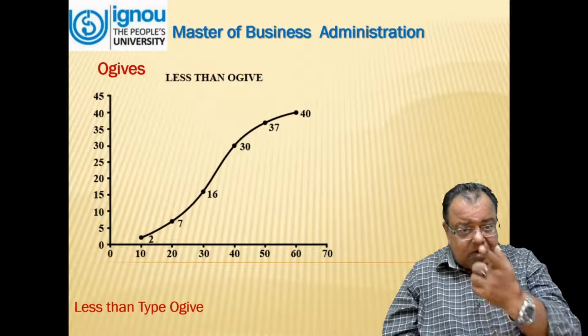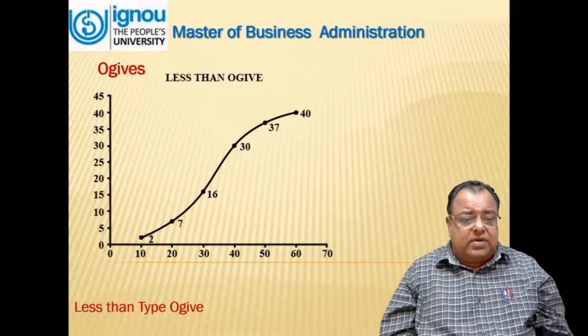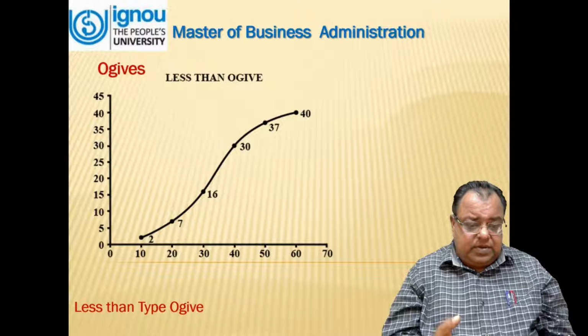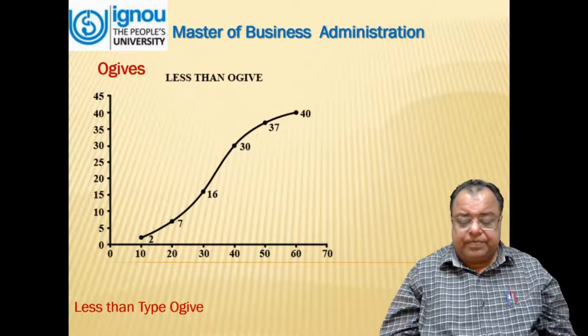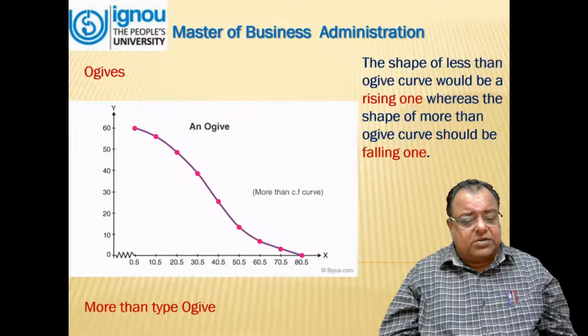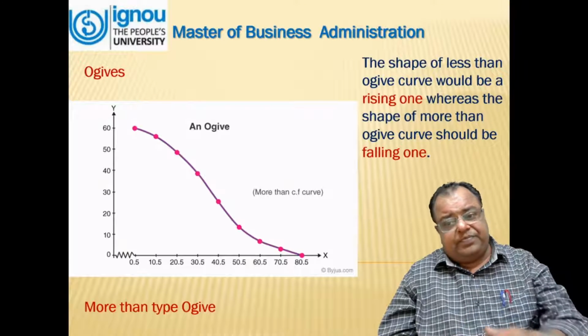You can see how this less than ogive curve looks. It moves from bottom to up. For more than ogive, it moves from top to bottom.